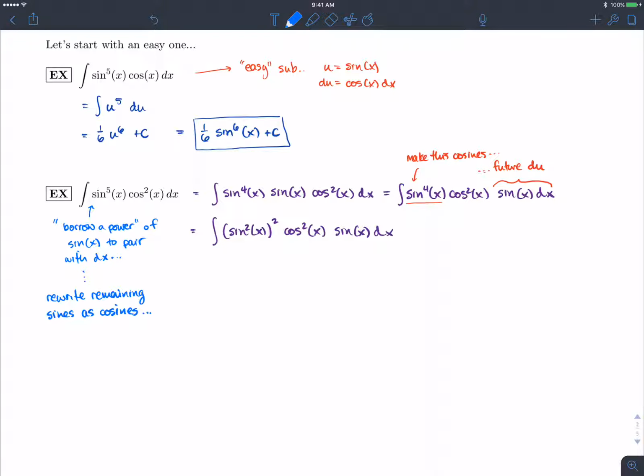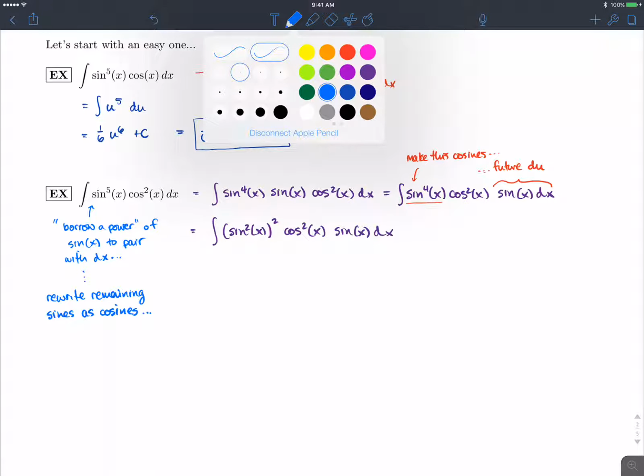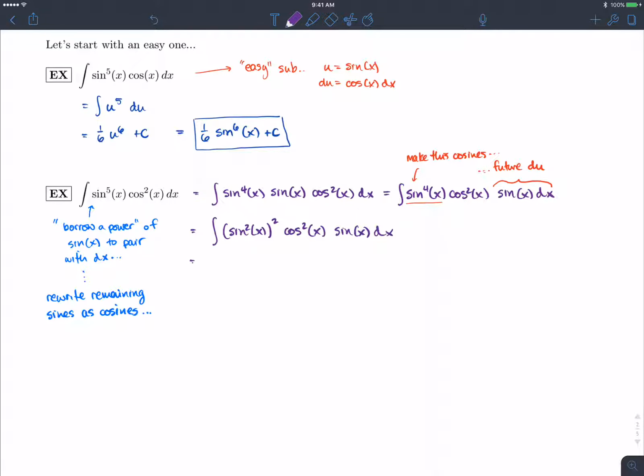Now that we've rewritten sine to the 4th as sine squared squared, it might be a little bit easier for us to see how we're going to get that into cosines. We can use the Pythagorean identity to write this as 1 minus cosine squared x squared times cosine squared x sine of x dx.